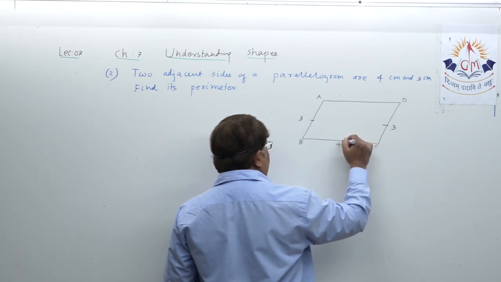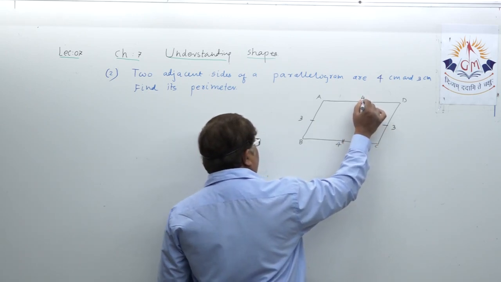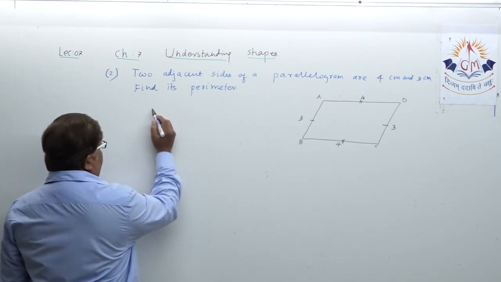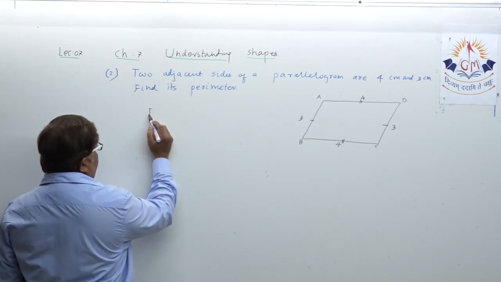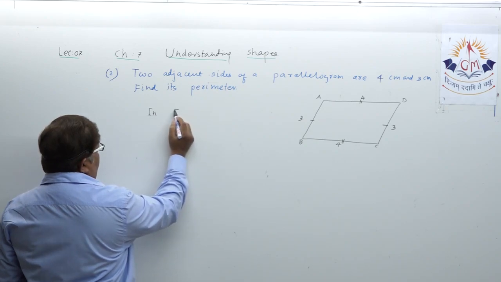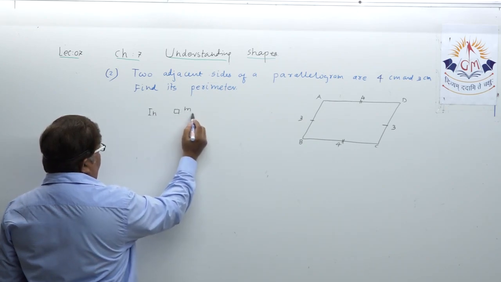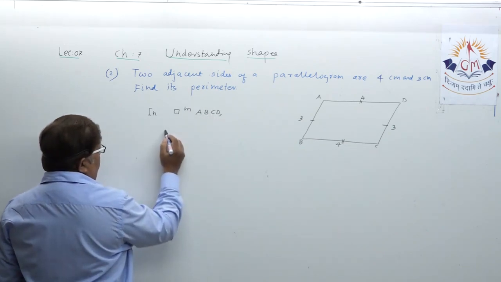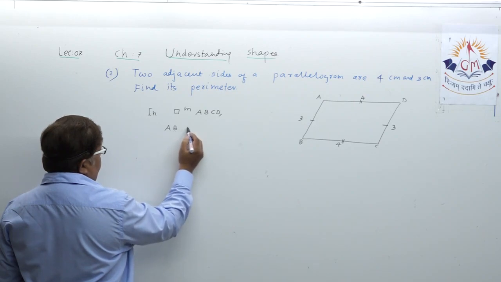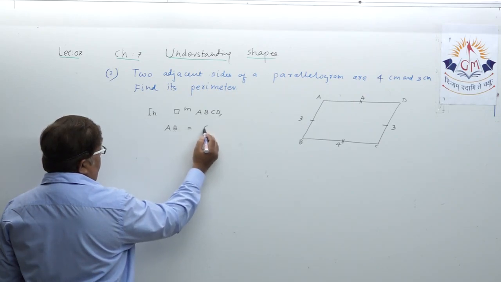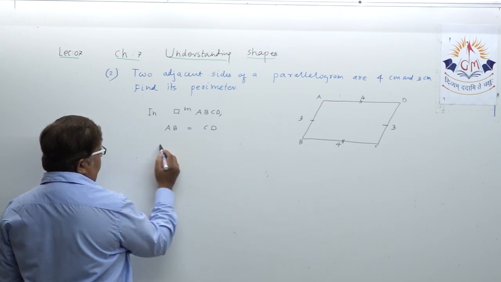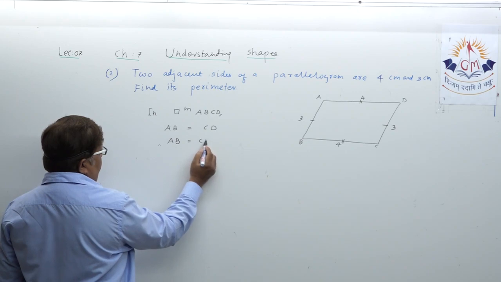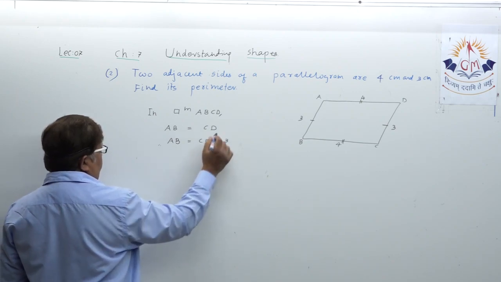This is 3 and this is 4. Then you will go for writing this in parallelogram ABCD. AB equal to CD, because they are opposite sides. Therefore, AB equal to CD equal to 3.